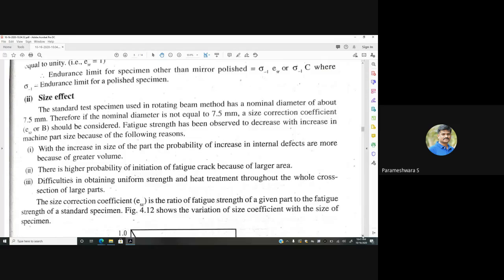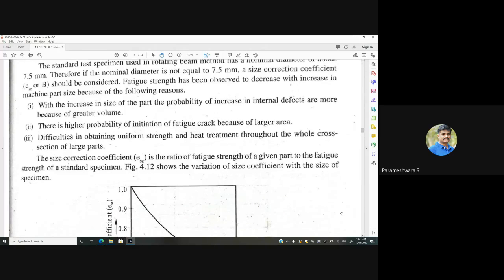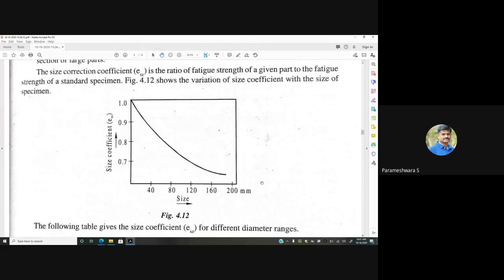So in solving problems, we consider this size correction coefficient. The graph shows the size correction coefficient with respect to sizes. For 40 mm, 80 mm, 120 mm, 160 mm, 200 mm, the size coefficient values are given here. These values are available in the data handbook. For example, for 160 mm, the value is around 0.6.